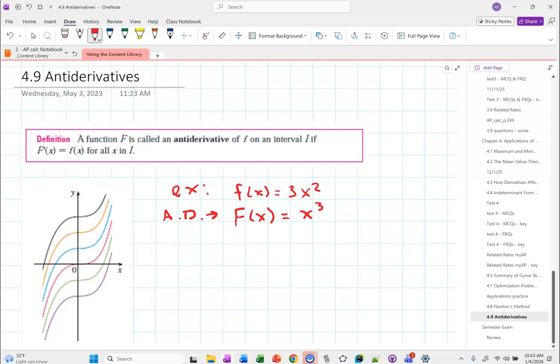Now, we have one little problem here. Does anybody see what the little problem is? Something should stick out right away. Is x cubed the only antiderivative? No. Can you give me another one?